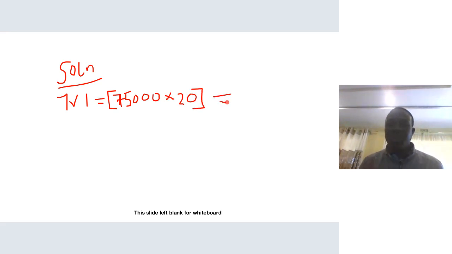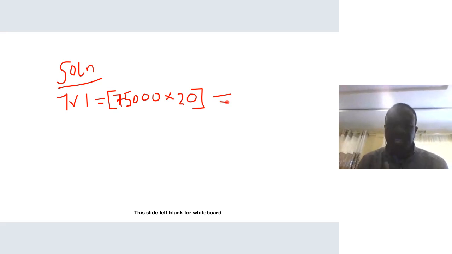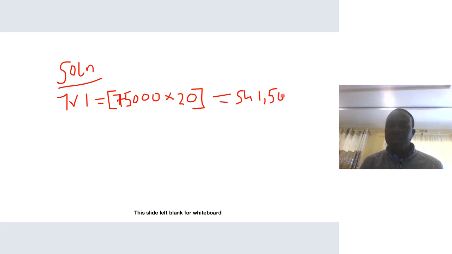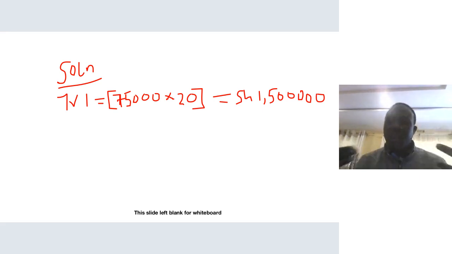So 75,000 times 20 will give us 1,500,000 shillings. So that is the actual amount of sales that this company had made.